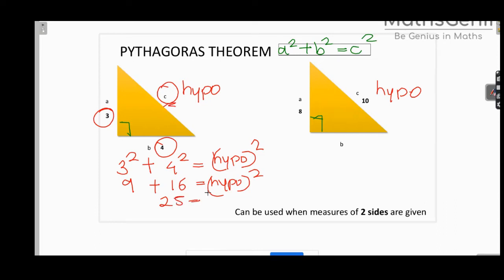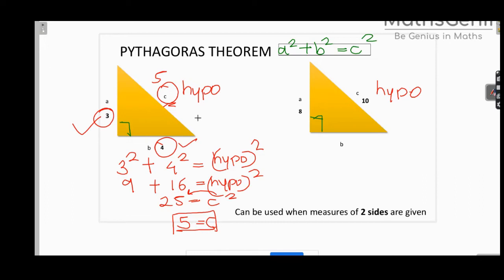Hypotenuse is what? C square. Now when I send this square on this side, what does root 25 become? It becomes 5. So your third side is 5. So when do you use Pythagoras theorem? When two sides are given. See, in this case, A and B were given in the question. I found out C using the formula.